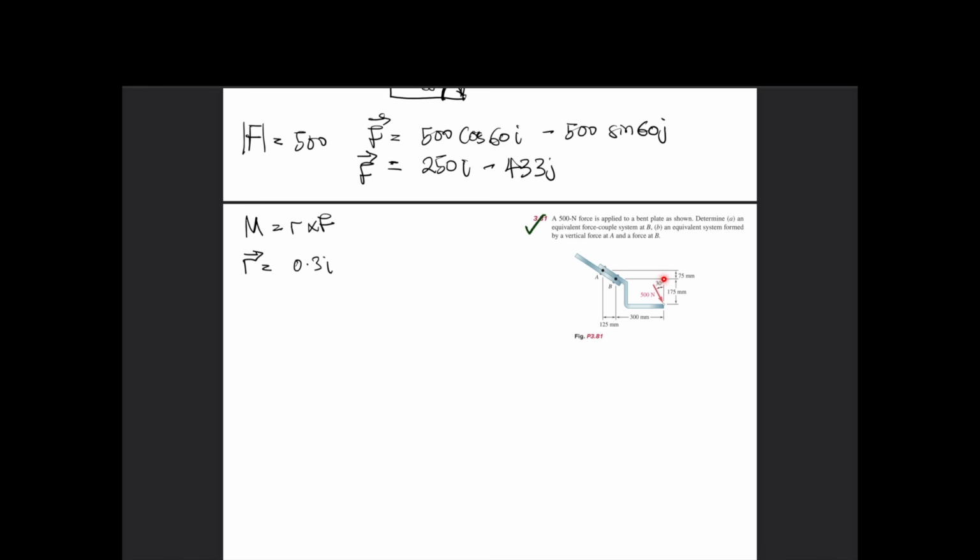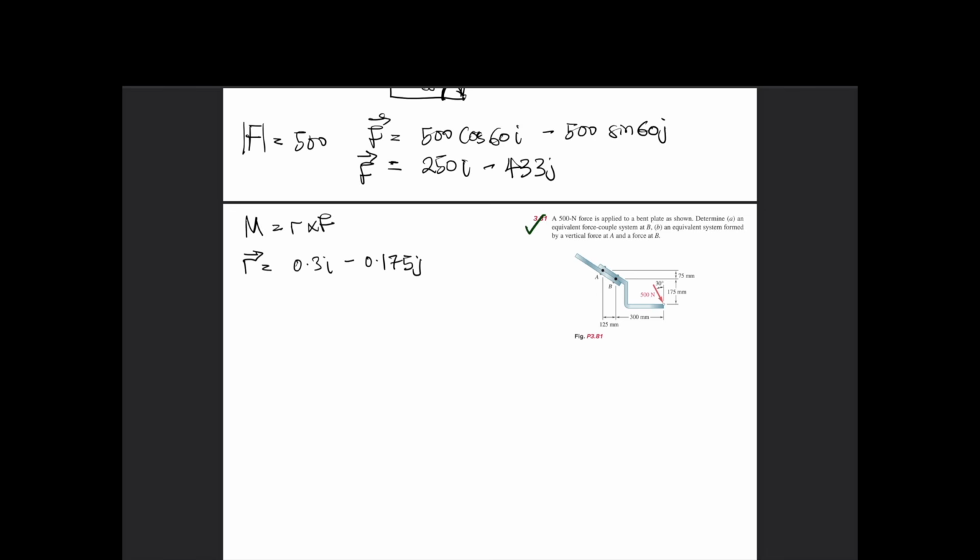Then when we get to this point, we have to move along the y-axis, so we have to move downwards. That is going to be negative, so that will be minus. What's the magnitude of the distance we're moving? We're moving down 175 millimeters, and that is going to be 0.175. So 0.175 j.